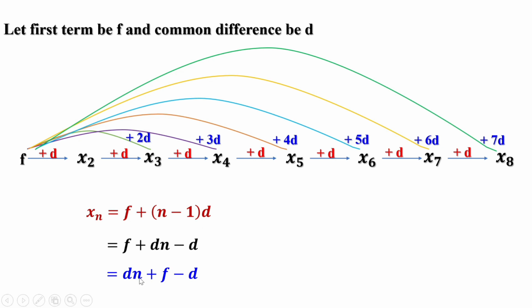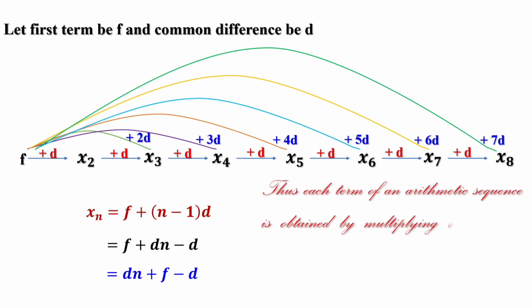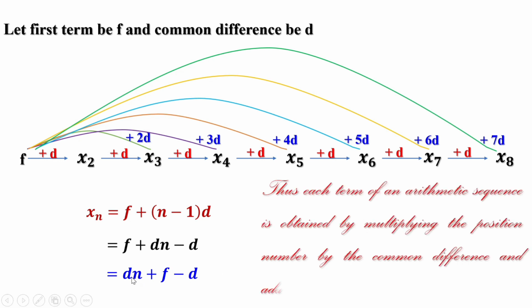So we can see each term of an arithmetic sequence is obtained by multiplying the common difference by the position number and adding a fixed number. d into n means common difference into position number, and f minus d is a number.